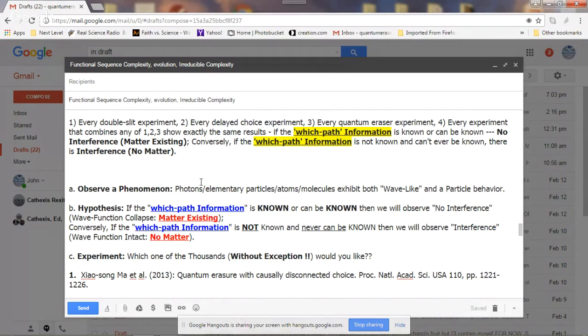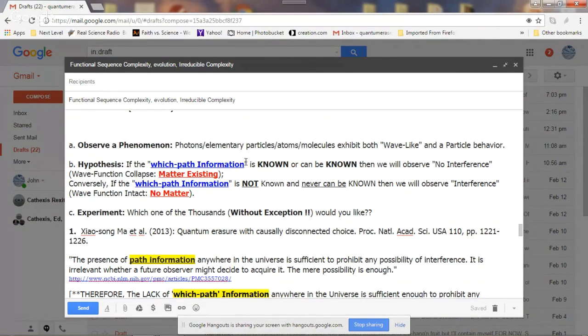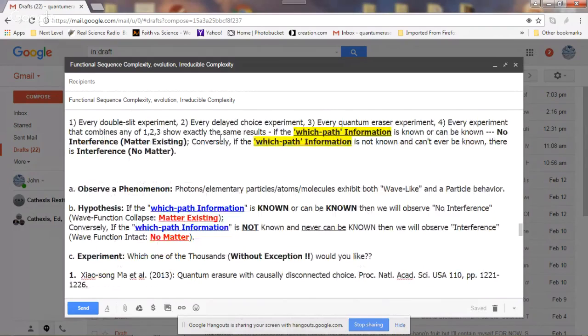If the which path information is known or can be known, no interference. That means matter existing. Conversely, if the which path information is not known and can't ever be known, there is interference. That equals no matter existing yet. And we already went over this example in my quantum mechanics presentation.